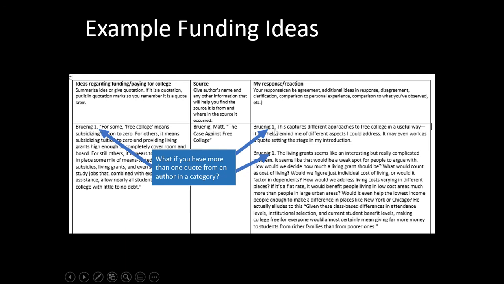And then you'll see over here, I put Brunig one along with these paragraphs to show that it was attached to this Brunig quote. So if I had a second Brunig quote, I would say Brunig 2, and then any responses I had over here, I would label them Brunig 2 as well. I'm trying to keep myself super organized.